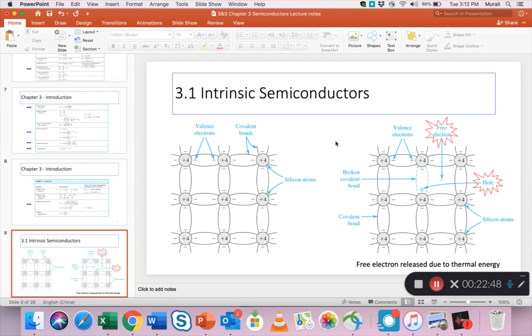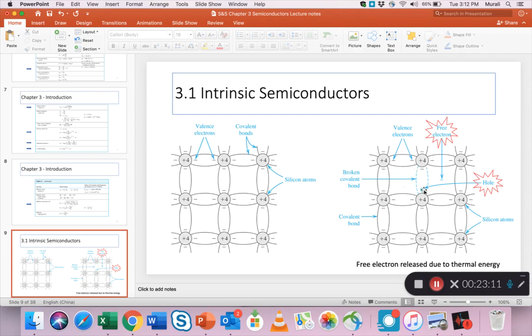They are held to each other in this molecular structure, and the bonds are called covalent bonds. Now let's look at the right. This condition exists when the temperature is absolute 0. That means it's freezing, a very low temperature.